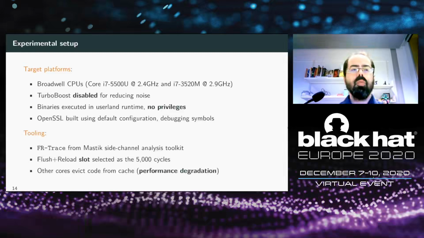In terms of tooling, we used the fr-trace binary from the Mastik Side-channel Analysis Toolkit, which allows us to run flush and reload attacks. We configured the slot to be 5,000 cycles, which was enough for high precision. We also used the other idle cores in our platforms to perform a performance degradation attack, in which they evict code from cache to penalize performance and amplify timing differences between these different cases we observed on the previous slide.